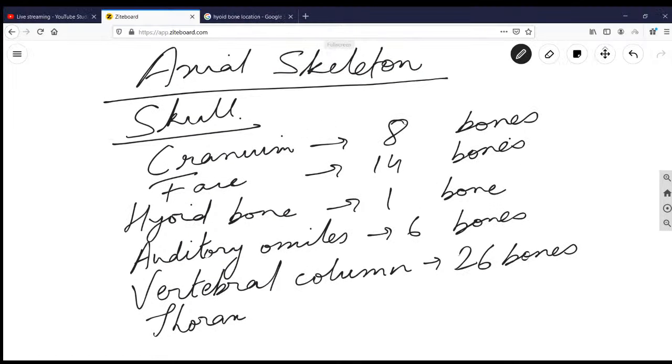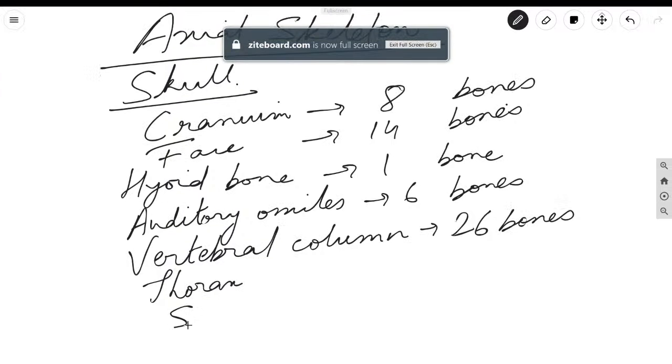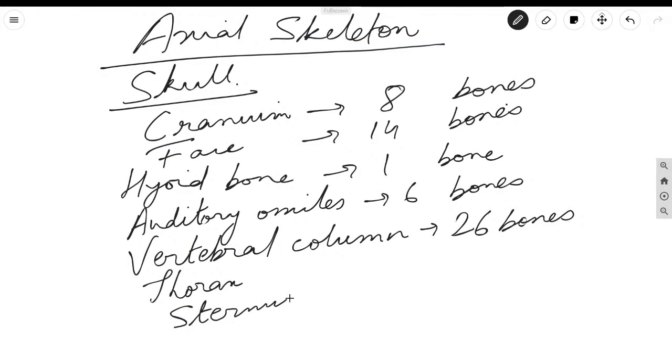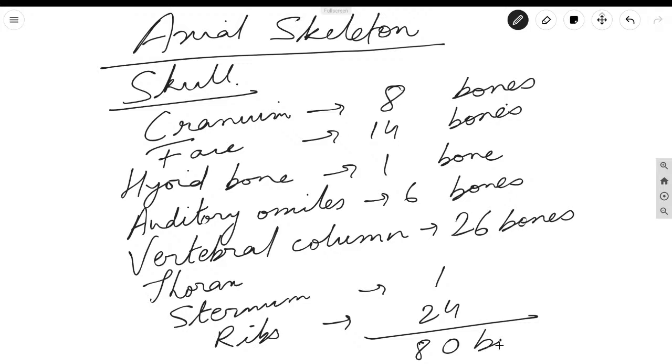Under thorax I can put the sternum. You have one sternum and 24 ribs. Sternum is equal to 1 and ribs is equal to 24. If you add it up, you get 80 bones.